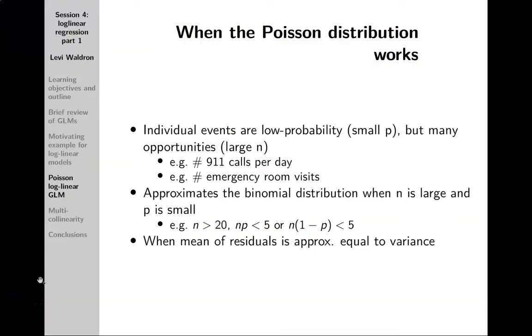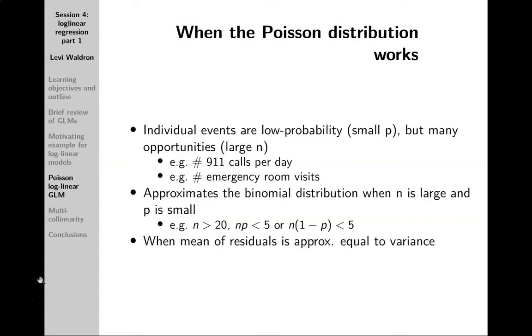So the Poisson distribution works in instances where you have count data, so you're counting the number of events, but where individual events are low probability, I'll say P for probability, but there are many opportunities, large N. Some examples would be the number of 911 calls per day in New York City, where there are millions of households that might call 911, but each one of them only has a relatively small probability.